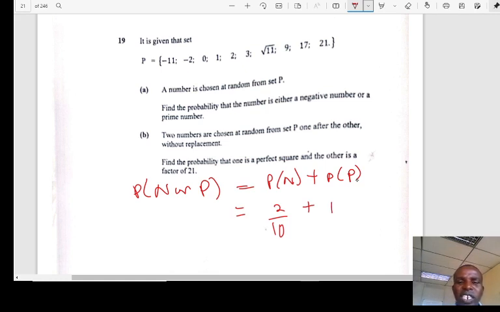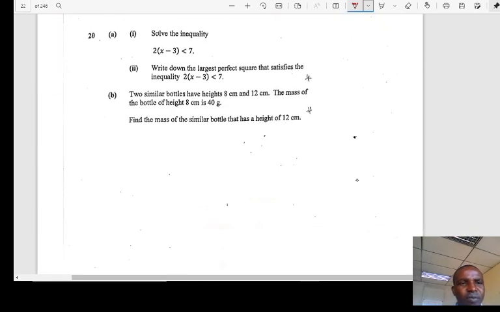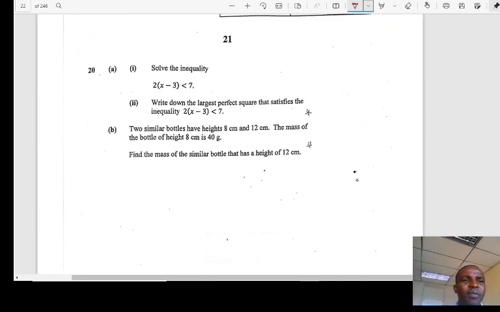So 2, 3, 17, there are how many? 1, 2, 3. So it's 3 over 10, which is actually equals to 2 plus 3 is 5 over 10. You can put it as half, like this.